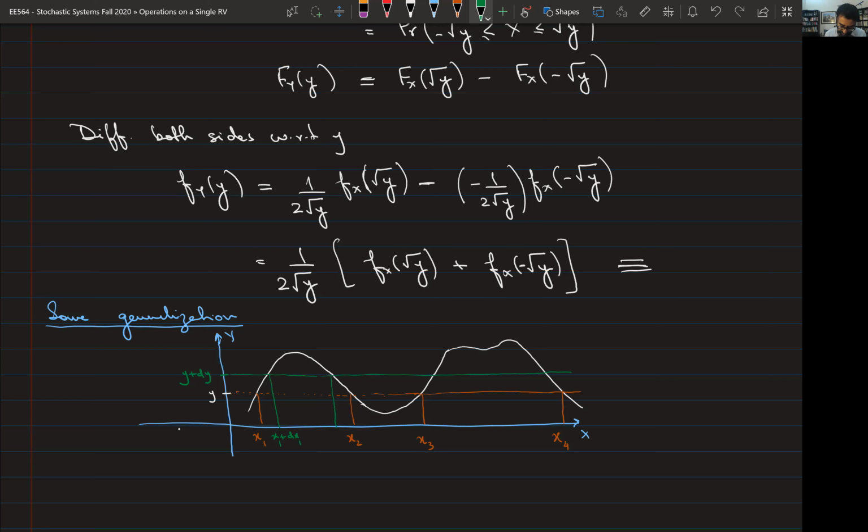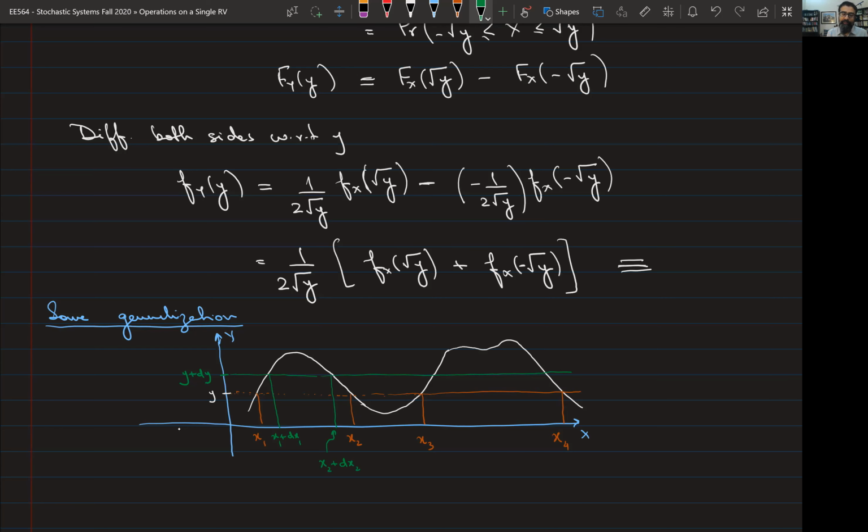This here is x2 plus some dx2, where in this case, of course, dx2 is going to be negative, right? Because the function is decreasing, right? And this dx1 and dx2, by the way, are going to be different. Why?